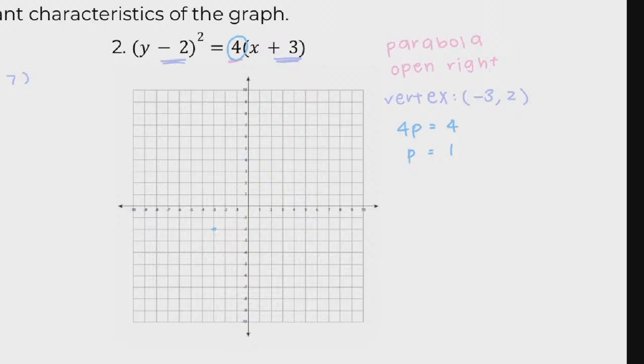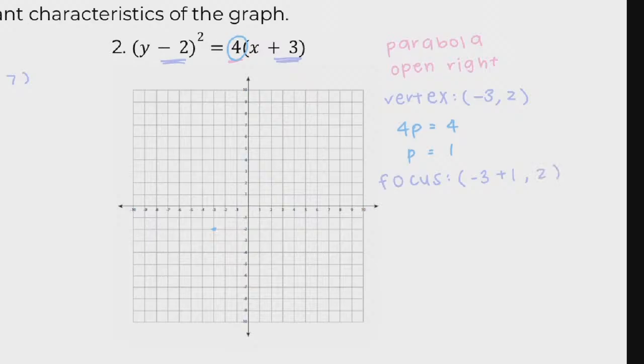And for the focus, we're going to be changing the x coordinate since it's going to be inside the graph. So it's going to be negative 3 plus 1.